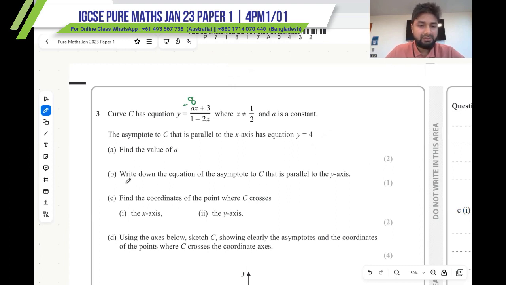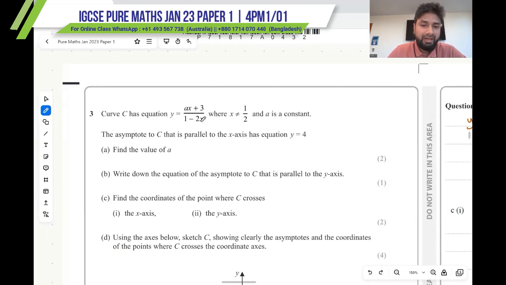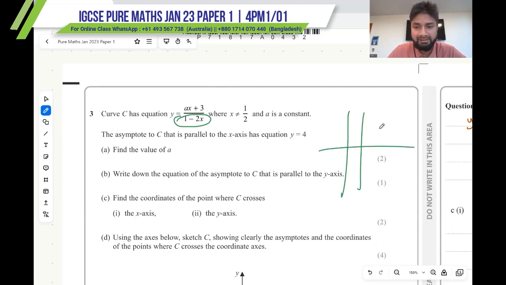The next question says, write down the equation of the asymptote to C that is parallel to the y-axis. To find the asymptote of C that is parallel to the y-axis, we have to use only the denominator. That means the asymptote line should be something like this. So the rule is we take the denominator, 1 minus twice x, and put it equal to 0.